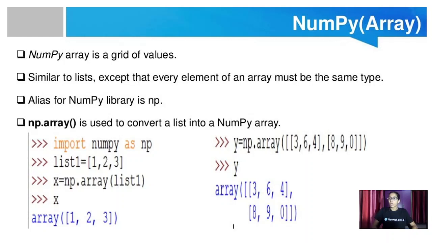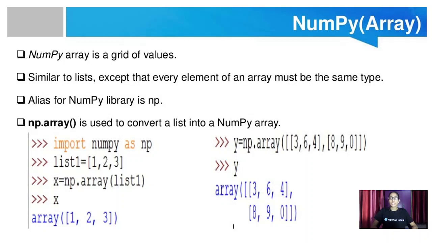You have read about arrays in Python, and also in C, C++ and even JavaScript. It is similar to a list, except that every element of an array must be of the same type. We read in lists also, where a list has elements.